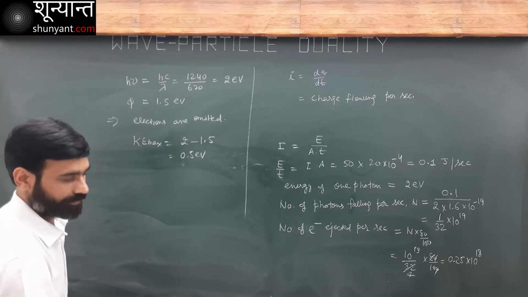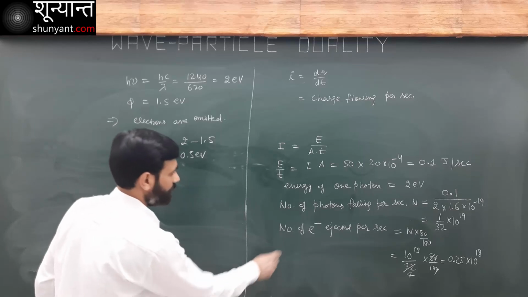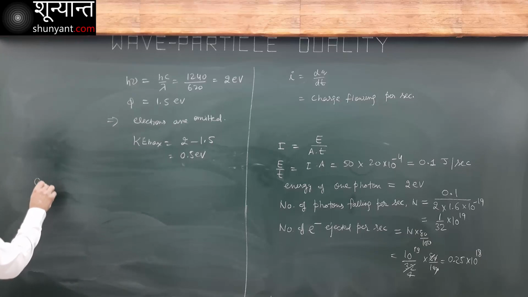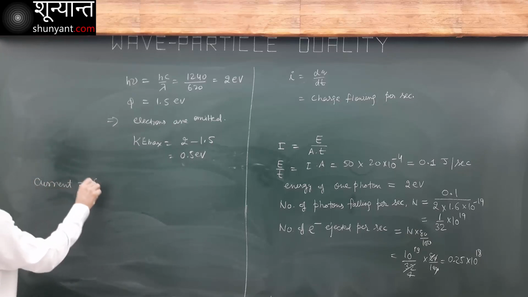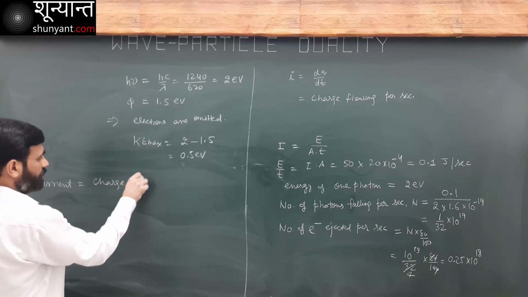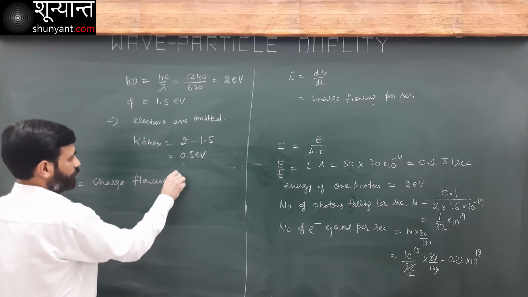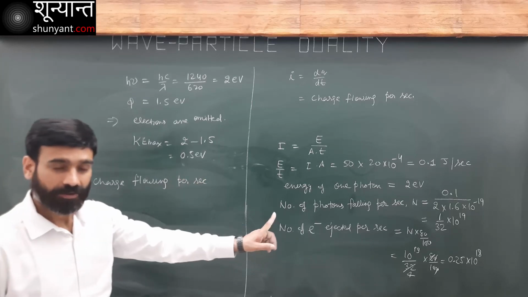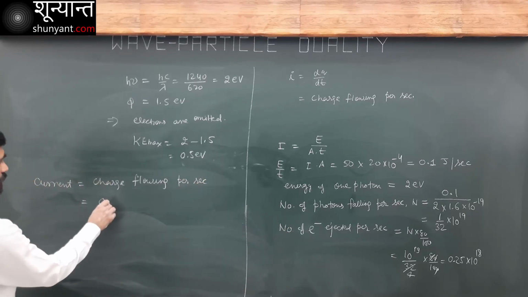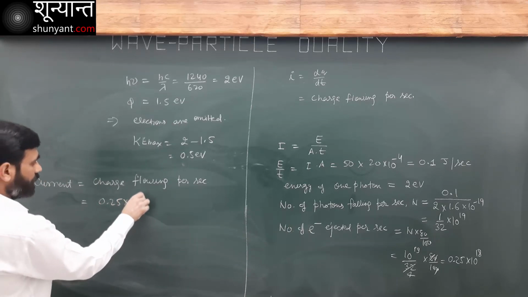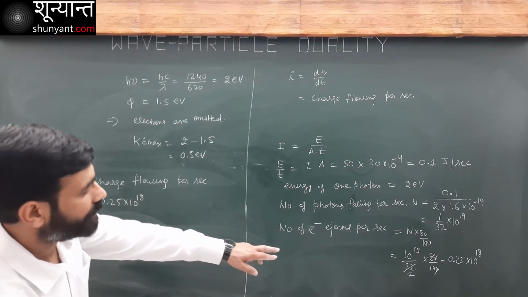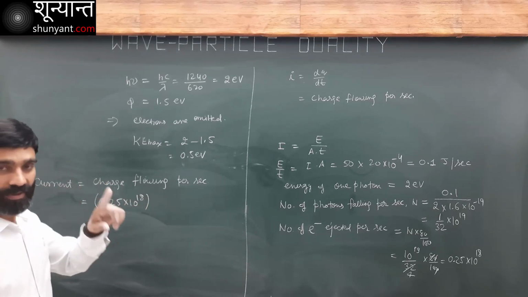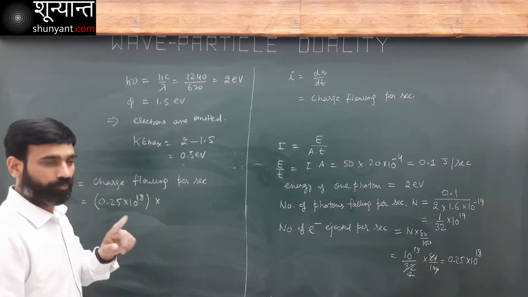So what is current or what is charge flowing per second? Okay. So current is equal to charge flowing per second. Okay. You see, this is number of electrons flowing per second, 0.25 into 10 power 18, into charge of 1 electron.